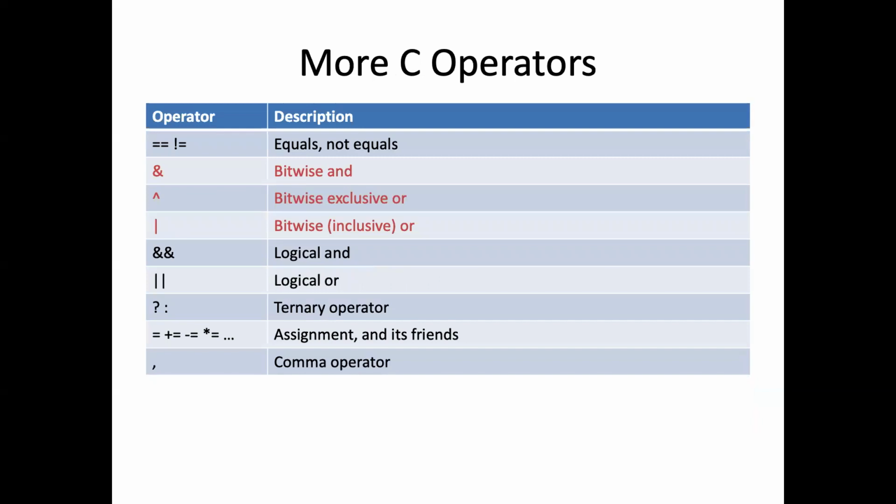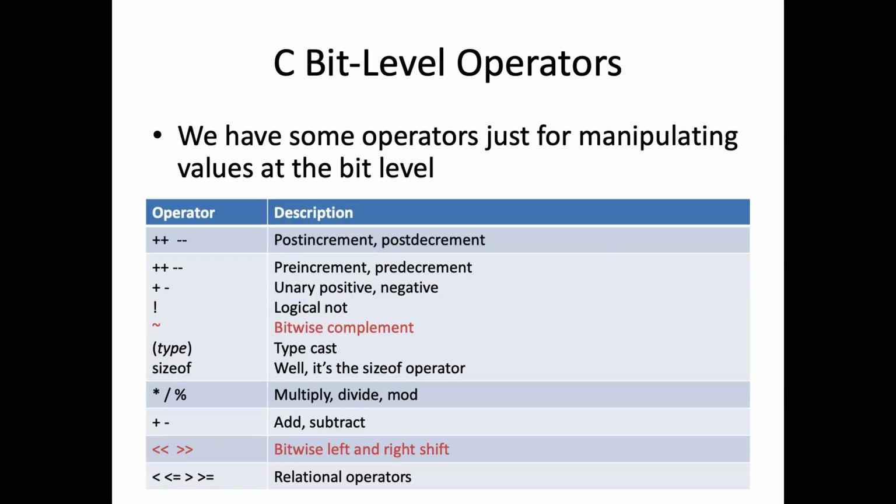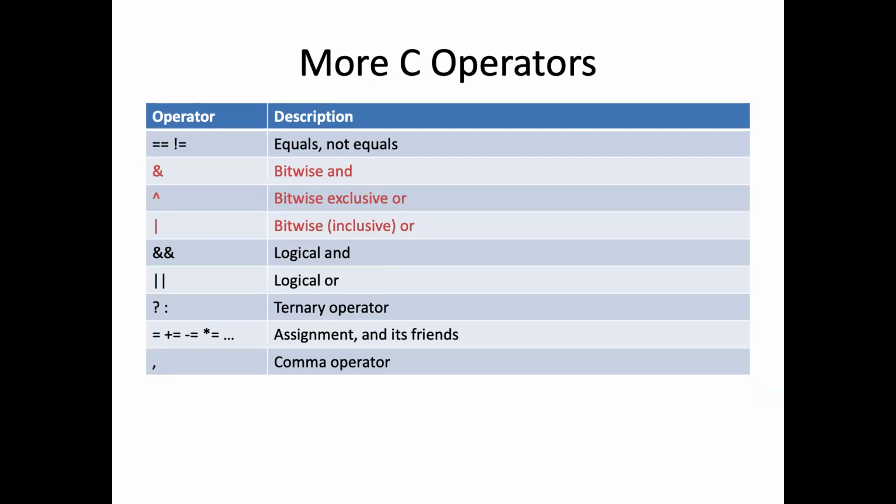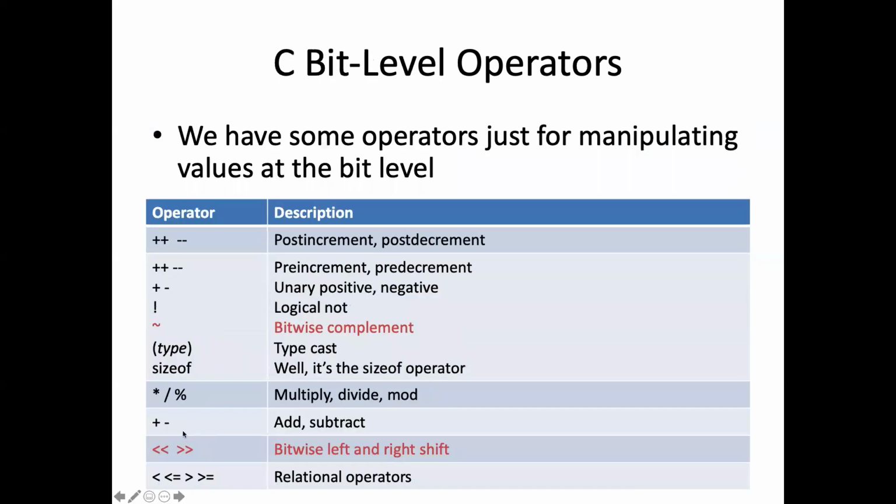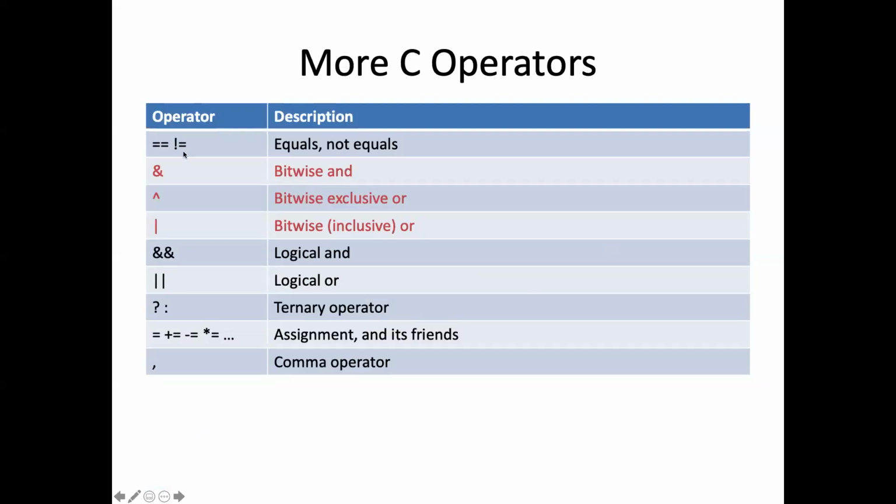And then the next three are on this part of the table. There's a bitwise and, a bitwise exclusive or, and a bitwise inclusive or. And the thing to notice with these, well, to an extent with the shift operators, but even more so with these, is they have really low precedence. I mention that because it's easy to make mistakes with precedence when you're using these operators. We're so accustomed to things like plus or times, and we know how their precedence works. Notice that these are way lower, even lower than the equality tests.